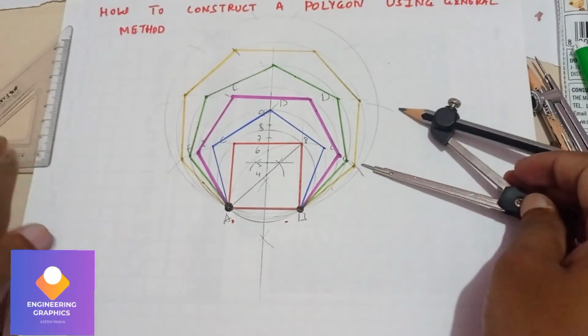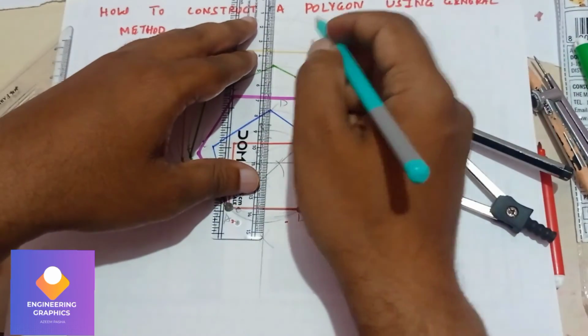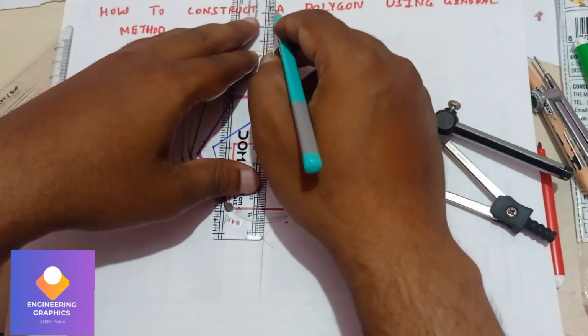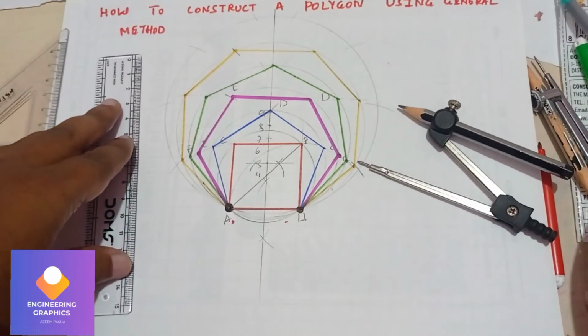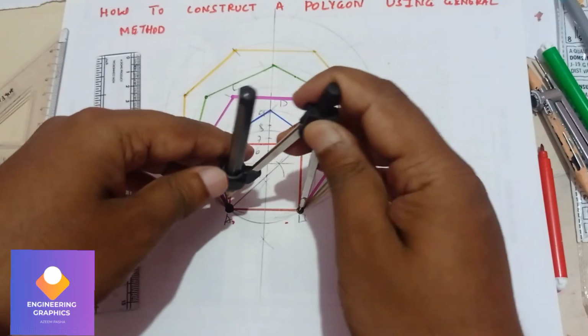Same way here also we'll extend this line a little bit upward. Then I think the arc length should cut properly.